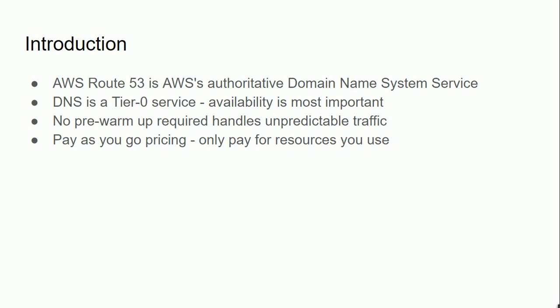AWS Route 53 is an AWS authoritative domain name system service. As we all know about DNS, it is responsible for resolving names, and as an authoritative name service, we can create different records like A record, AAAA record for IPv6, NS, MX record, DMARC record, TXT record, and many more.